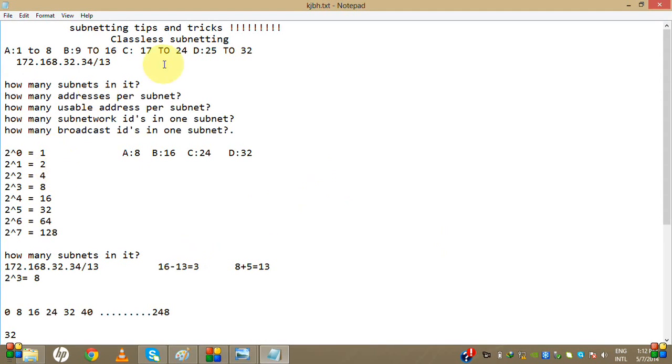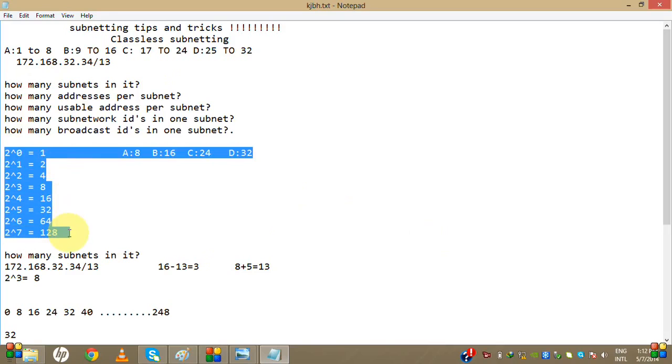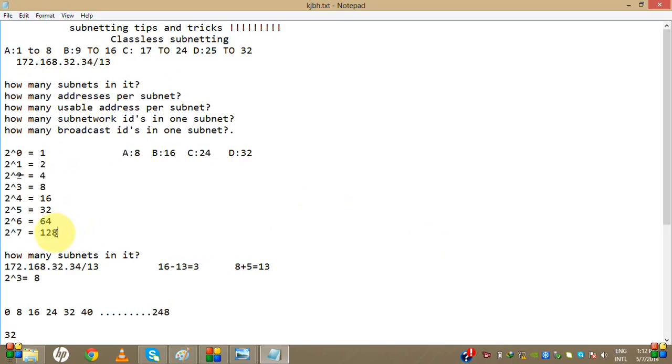First of all, I have discussed this in my previous video also. You can see the power of 2 to 0 is equal to 1, and similarly it goes down, and 2 to the power of 7 is equal to 128.